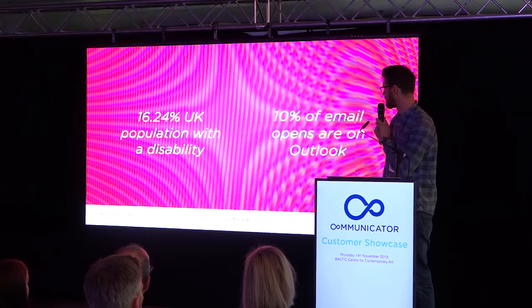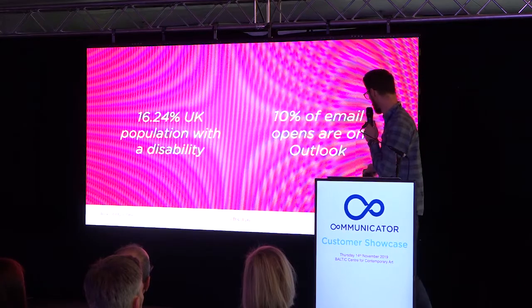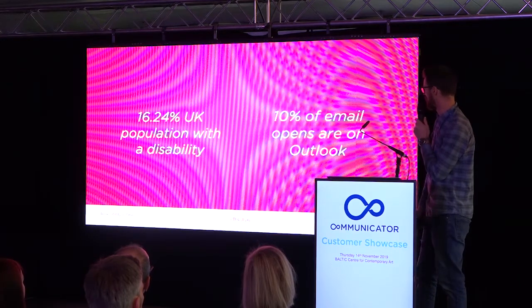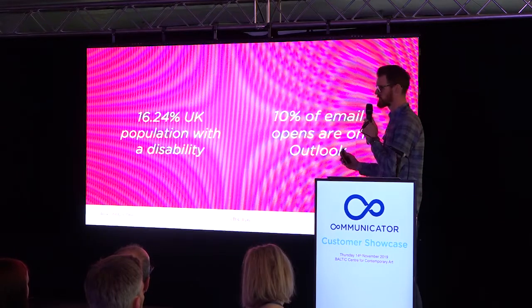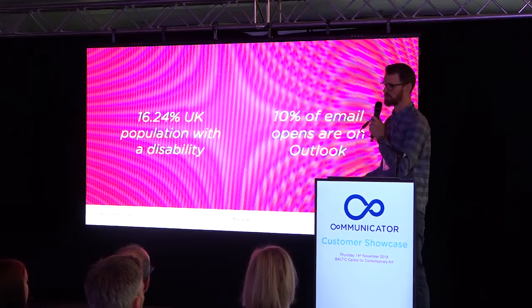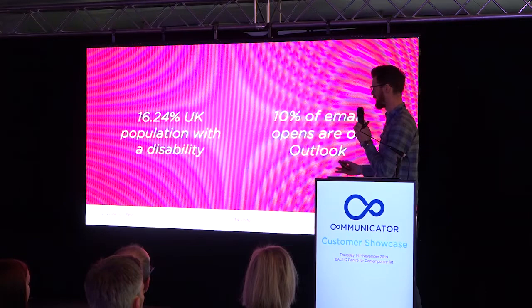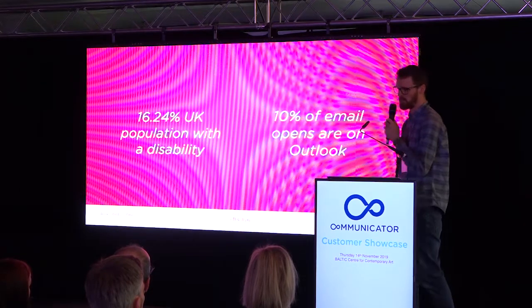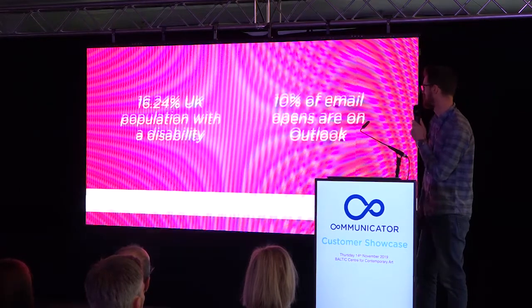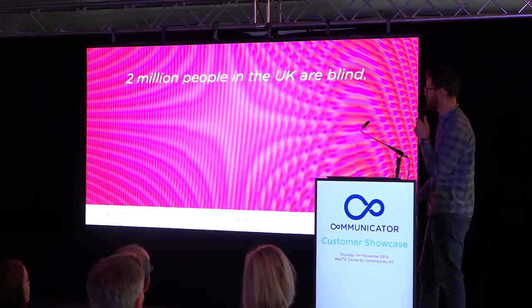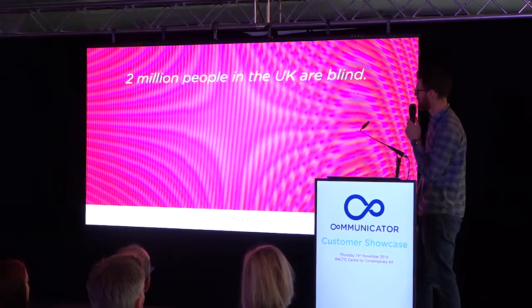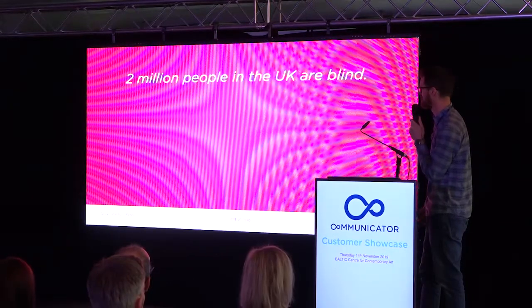To compare that, emailclientmarketshare.com work out that 10% of all emails are opened on Outlook. So if you're designing for Outlook, but you're not considering disabilities, that could potentially be quite a big market that you're missing out on. Again, 2 million people in the UK are blind, so that's potentially 2 million people that interact with emails using screen readers.